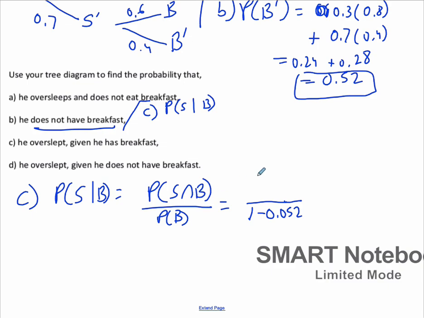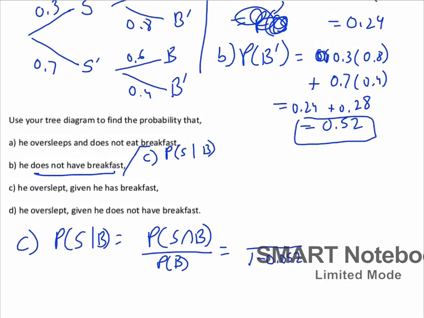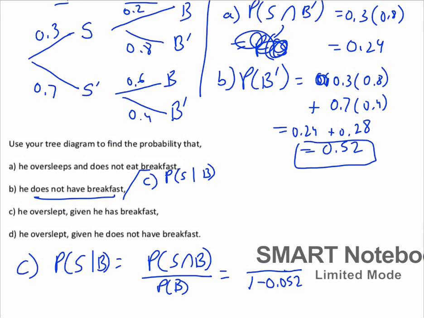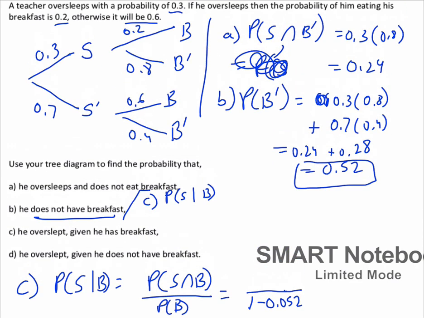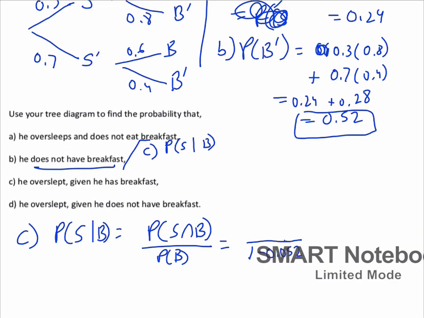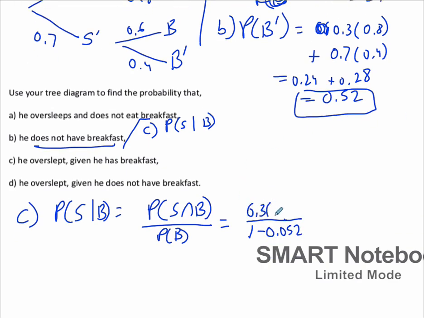Now the probability he oversleeps and has breakfast is 0.3 times 0.2. So that equals 0.06 over 0.48, which is 6 over 48. That is the same as 3 over 16.